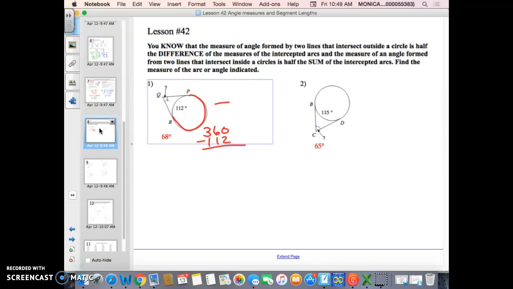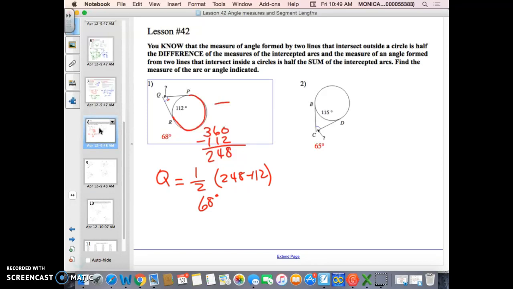And that's 248. Okay, and so then I can find this measure by saying the measure of Q equals 1/2 times 248 minus 112. And then when you work it out, you get 68 degrees.